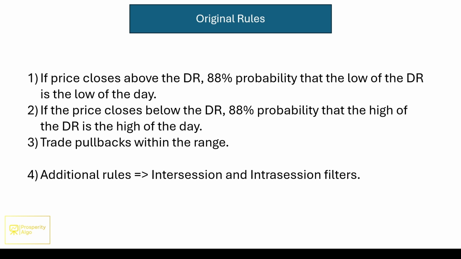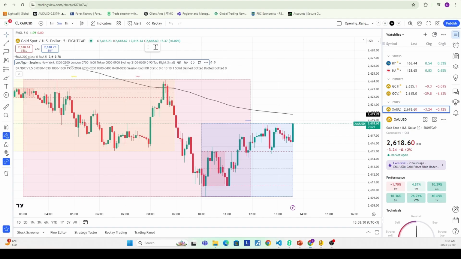And something else that is mentioned more in his later videos is a couple other additional filters. And I'll just pull up TradingView now to be able to talk about this visually. There's both an inter-session and an intra-session filter.